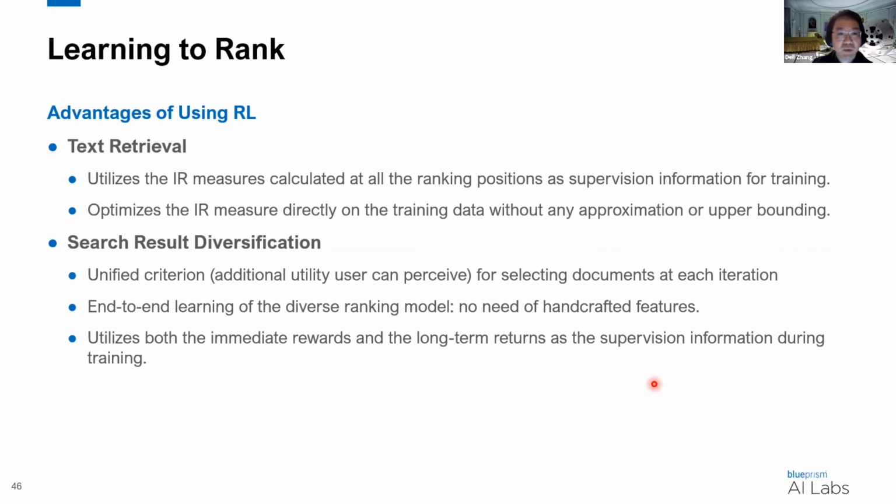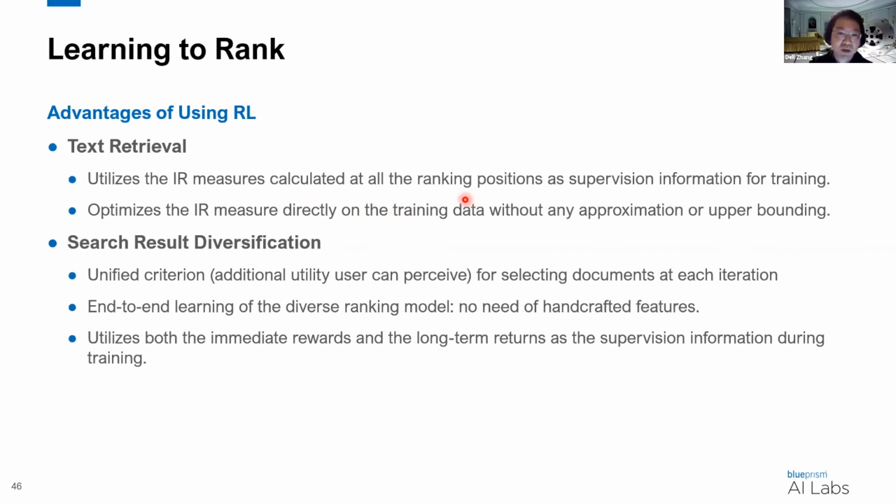So for ad hoc text retrieval, using reinforcement learning means that we could utilize the IR performance measures calculated at all the ranking positions as the supervision information for training. So we could use performance measures such as MAP and alpha DCG directly.